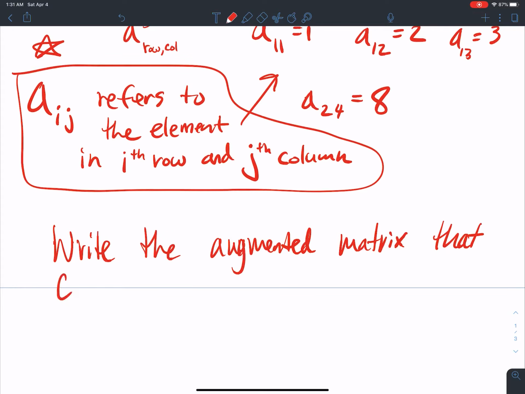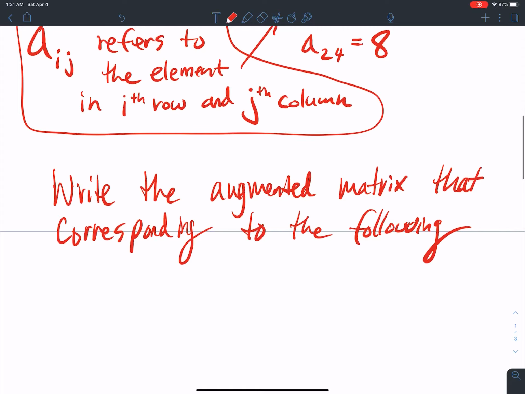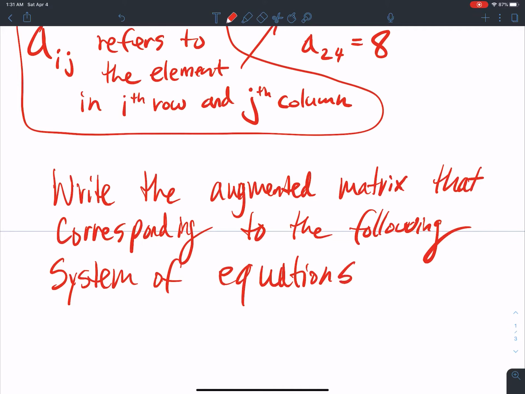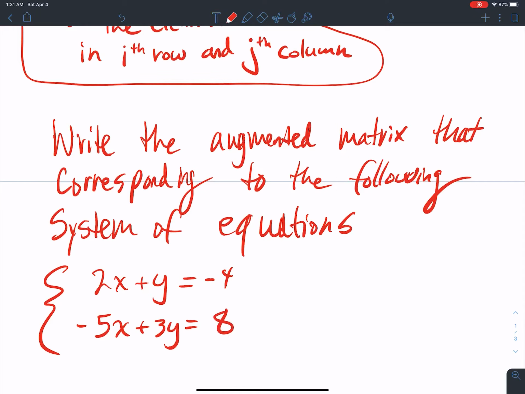The augmented matrix corresponding to the following system of equations. So here's my system of equations. 2x plus y equals -4, and -5x plus 3y equals 8.